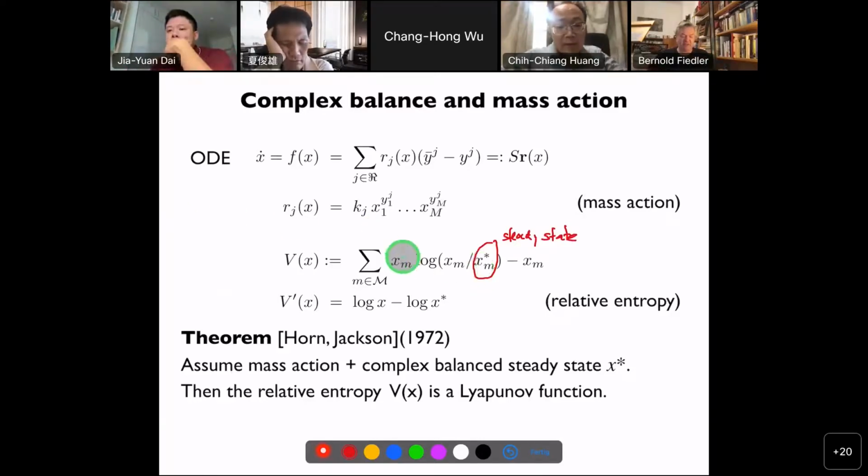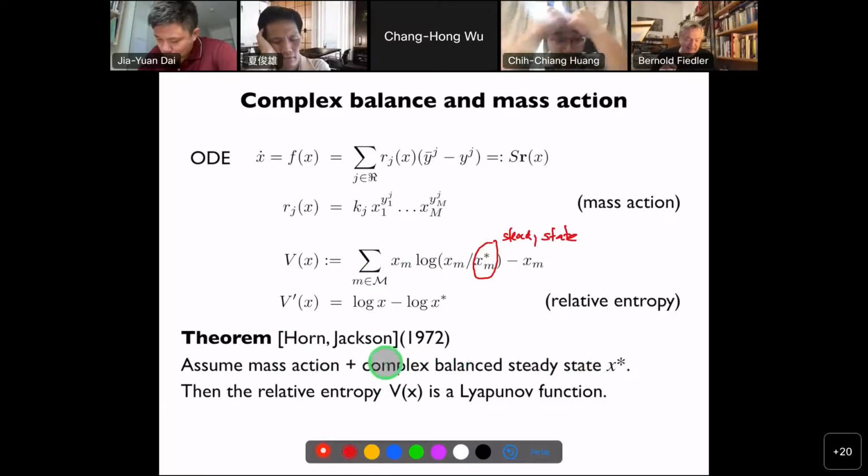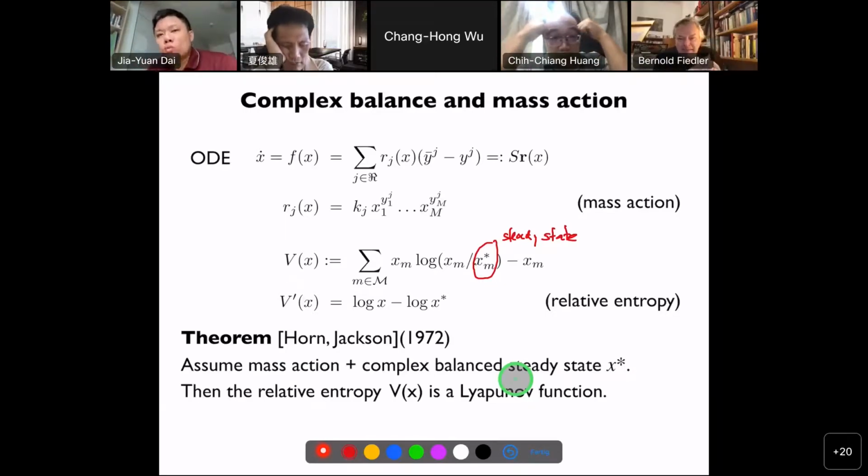But that's just coefficients, and essentially, except for a linear term, this V is an entropy, x log x, okay? And then sheer luck strikes. Under mass action and a complex balanced steady state, this relative entropy is a Lyapunov function. It goes downhill.